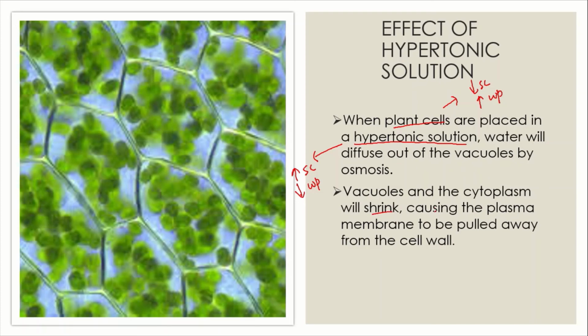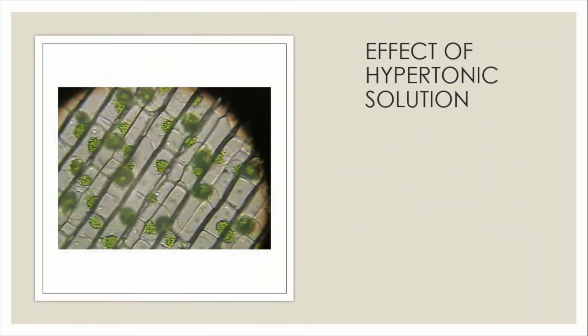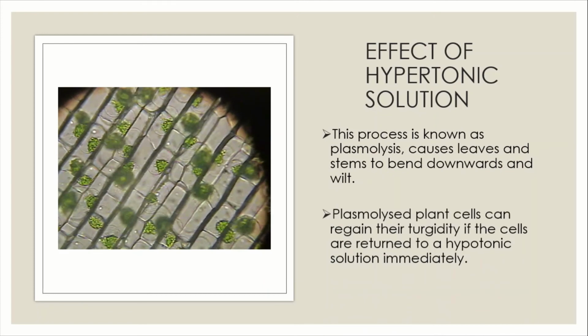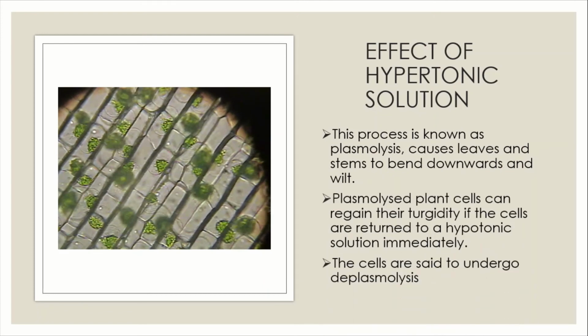This process is known as plasmolysis. Plasmolysis causes leaf and stem to bend downward and wilt.